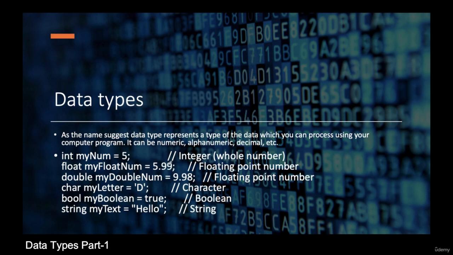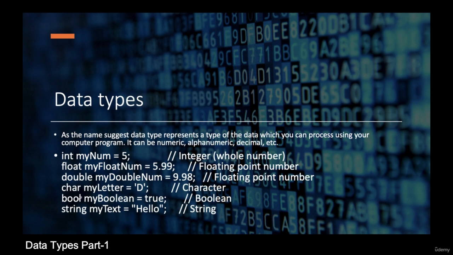If we are handling numbers which can have decimal points, then we can use float as well as double. If it has a lot of values after the decimal point, then we will be using double. If we are handling characters like names, strings, etc., then we can use the character data type.